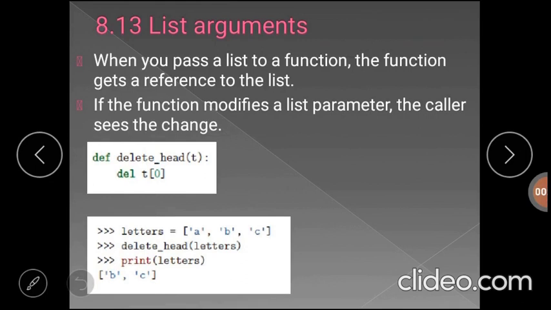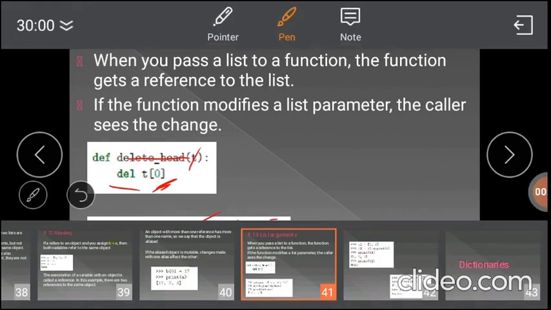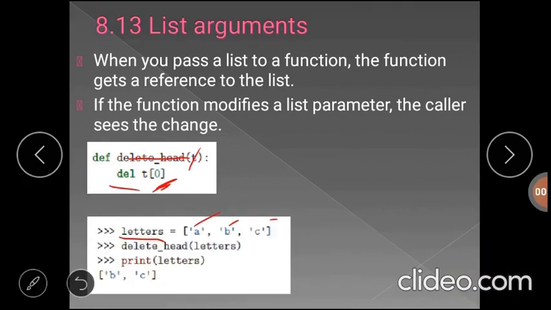For example, here we have a function delete_head and we are passing t as a parameter, and inside that function we are using the del operator to delete the first element of the list.